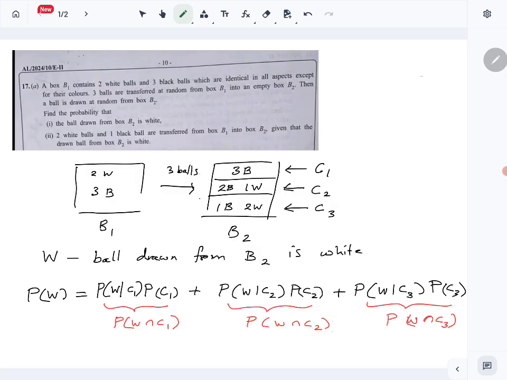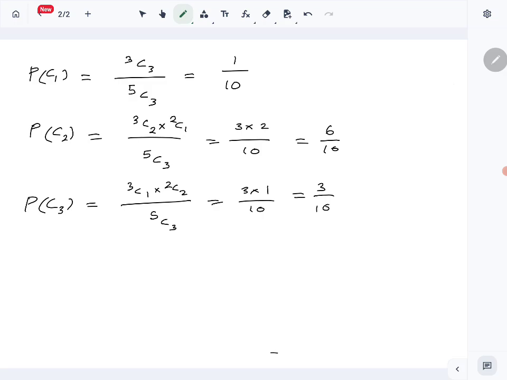So we have figured out those probabilities. Right. Then let's substitute them in here. Let me say this as equation 1. So let's substitute those probabilities in equation 1. Then we get P(W), this is P(C1).